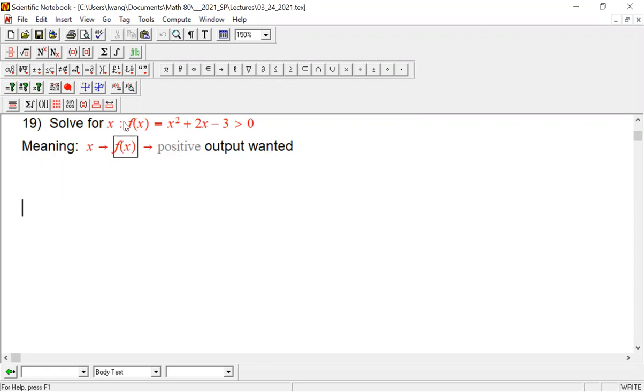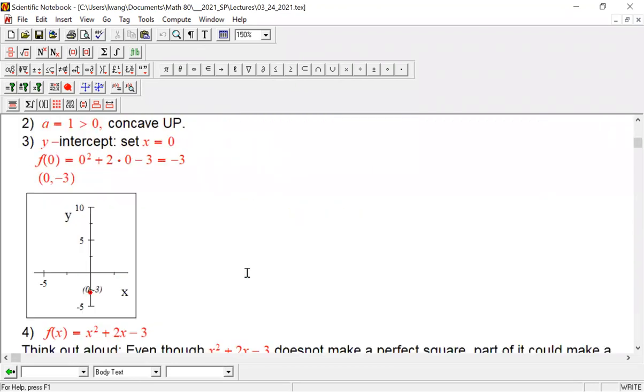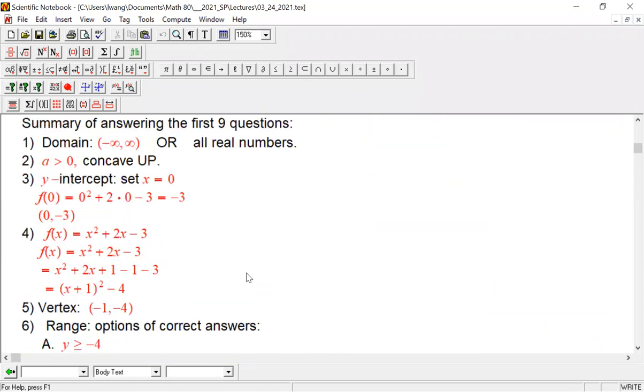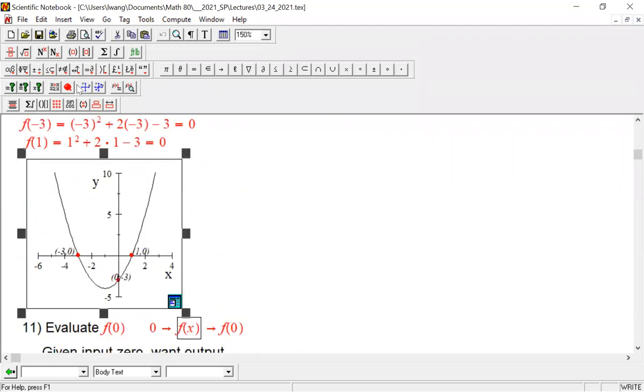We know a function corresponds to a picture, and we have this picture. Let me grab that picture we have done before. Right here.